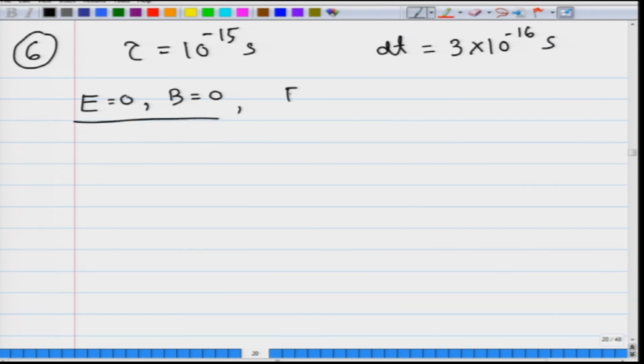So, the external force on the charge will be 0. So, F(t) will be 0.